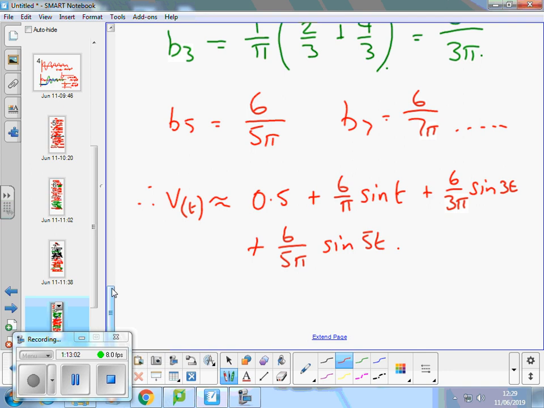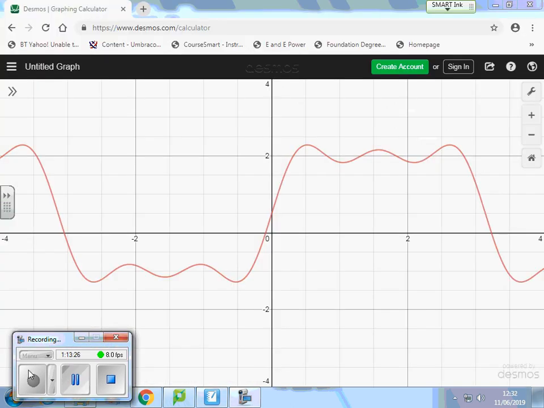And for the last bit of the question, where it asks you at pi over 2, the answer is 1. Just before we go, we'll freeze that up there. Graph that waveform. You can see even after those two terms, it's approximating to the DC that we had in the first place.